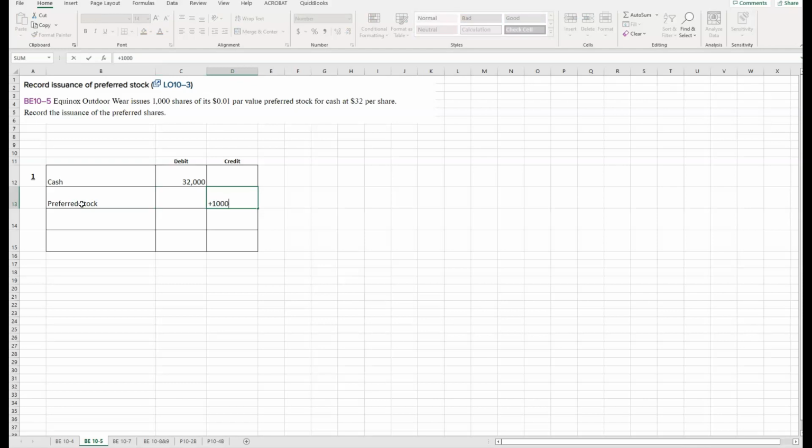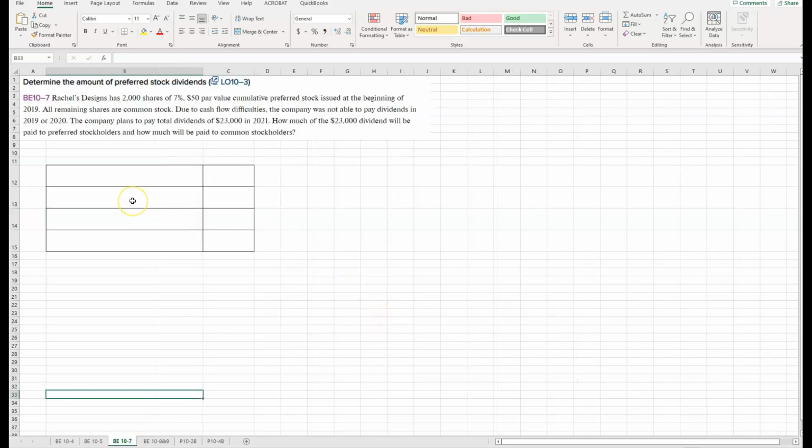So 1,000 times 0.01, 1 cent per share, or $10. The difference, 32,000 minus $10, is 31,990, and that goes into additional paid-in capital. So it's fairly simple. Just remember, only par value in here. Everything else goes to additional.